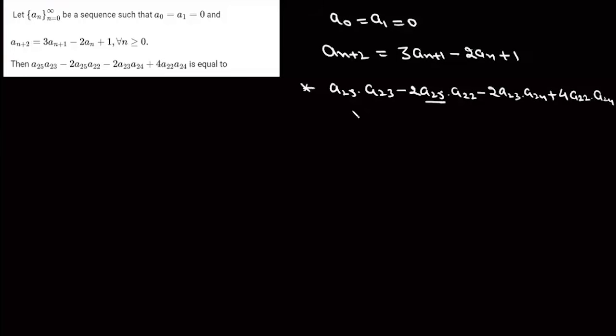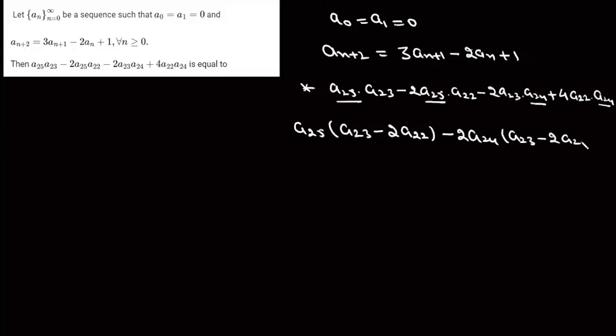Now here what we'll do is we'll take a25 common and a24 common. So here will be a25 and we'll get a23 minus 2 times a22, and here we'll take minus 2 a24 and we'll get a23 minus 2 a22.